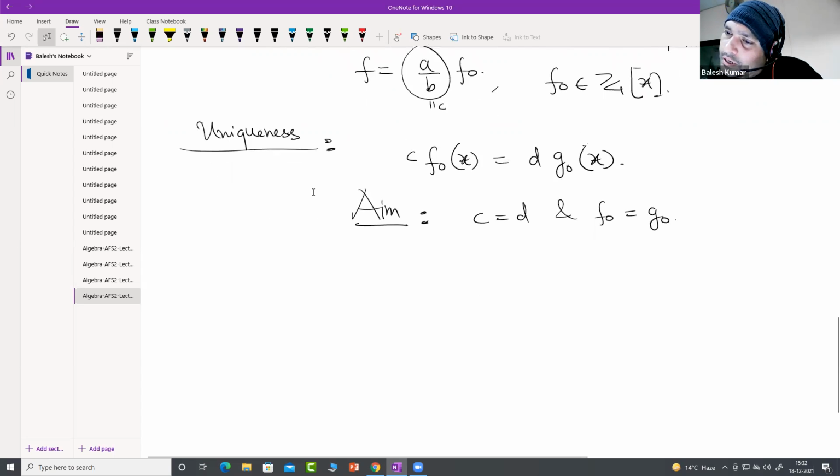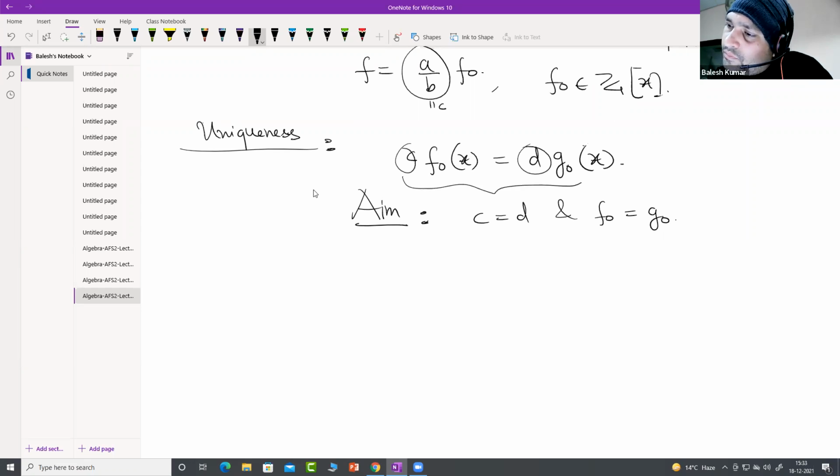Now one thing you can do is reduce the problem. A priori c and d are rationals, but you can take c and d to be integers. Just multiply by the LCM of their denominators and make these constants integers.